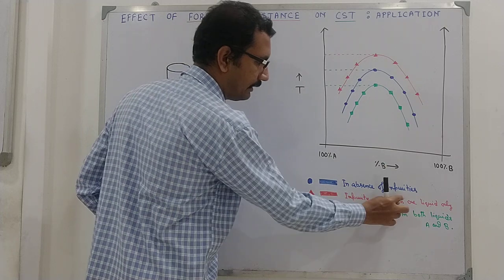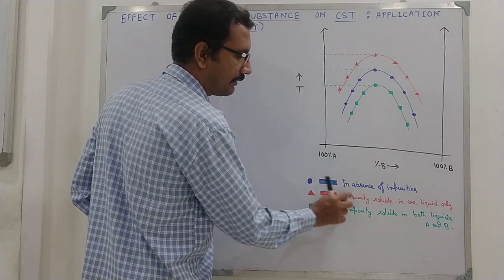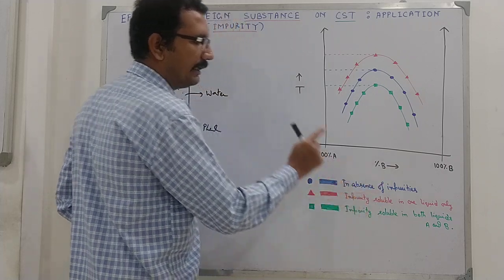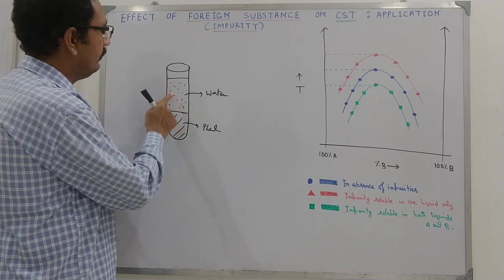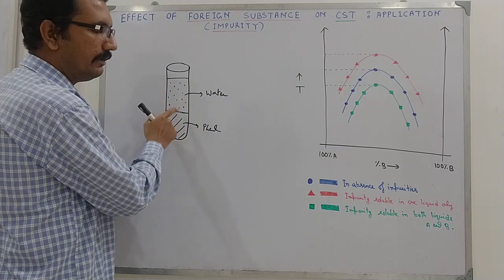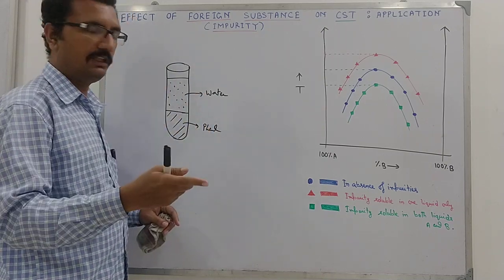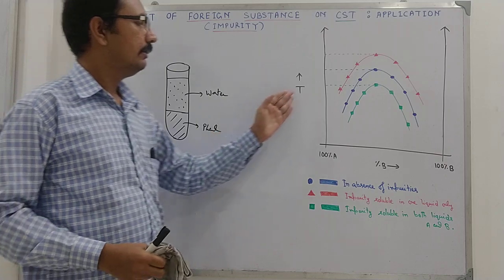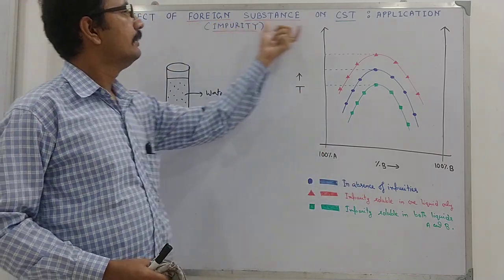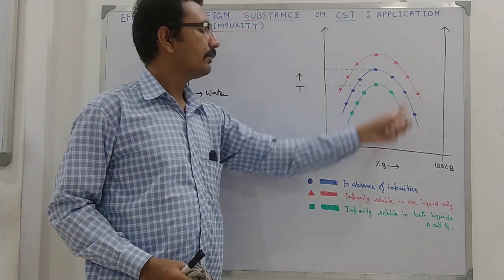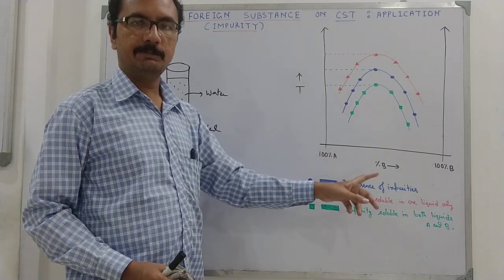So you see the red color here: the impurity is of such characteristic that it is soluble in only one liquid, and then the mutual solubility will decrease and you need a greater temperature to increase the solubility. And you know for phenol water system, or the liquid pair having upper CST, that is upper consolute temperature, solubility increases with increasing temperature.